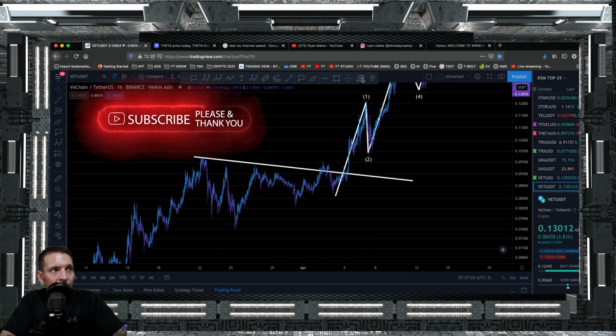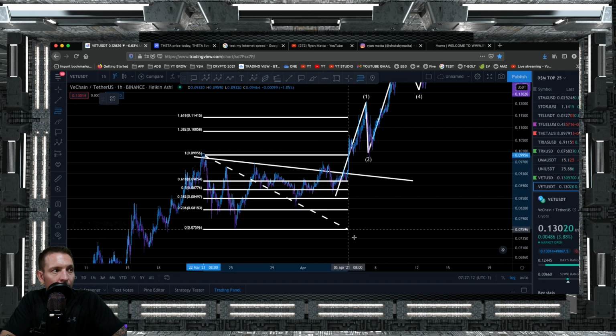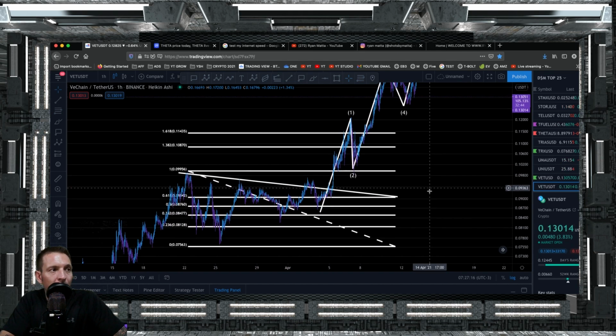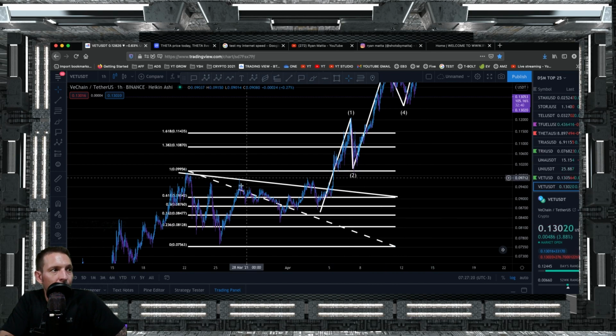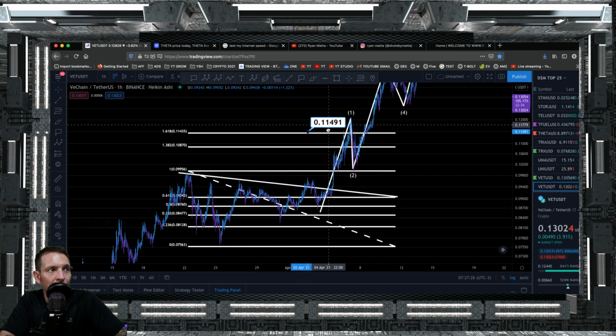And I'm going to grab my Fibonacci Retracement tool. I'm going to pin up to the highest point and I'm going to bring down and pull down to the lowest point. So when I was looking to make price predictions on how high up VeChain price was going to run before it started to retrace, my peak target would have been right here at 11 cents.